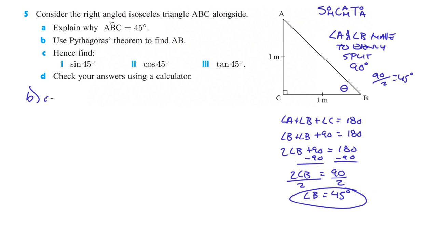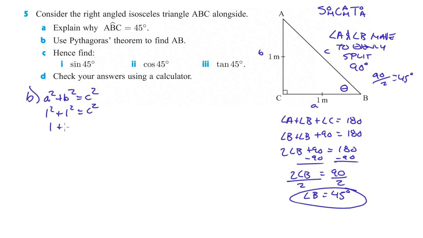Part B, use Pythagoras' theorem to find AB. So A squared plus B squared equals C squared, right? This here is side C. This across from angle A is side A, and this across from angle B is side B. So we know that side A is 1, side B is also 1, and we don't know what side C is. That's what we're going to figure out.